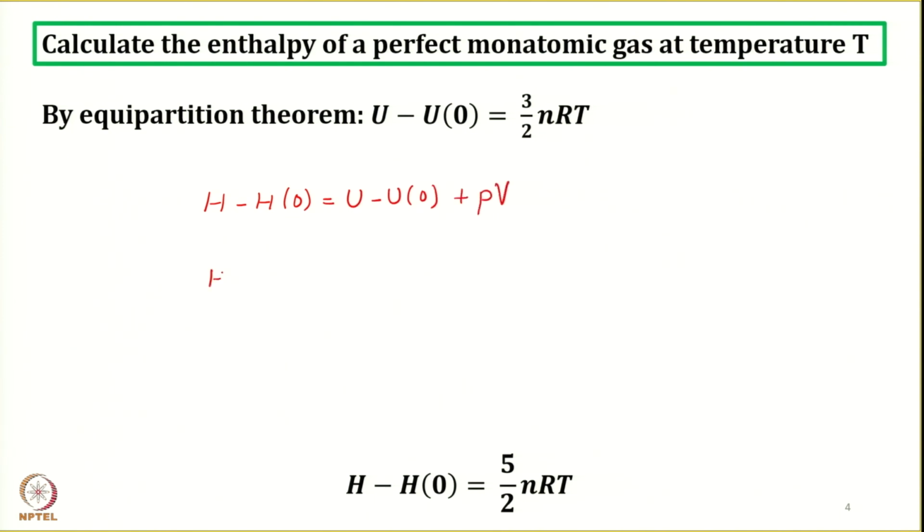So H minus H0 is equal to 3 by 2 nRT plus PV, which is nRT for an ideal gas. So what we get is H minus H0 is equal to 5 by 2 nRT.